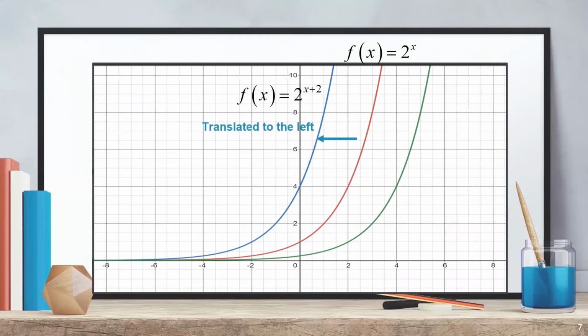In the new function, we have added 2 in the exponent, and the graph translated to the left by 2 units as well. Moreover, the green graph represents f of x equals 2 raised to x minus 2. Comparing this graph to the red one, this graph was translated 2 units to the right when we subtracted 2 in the exponent.